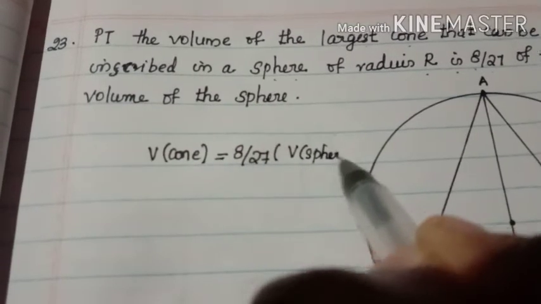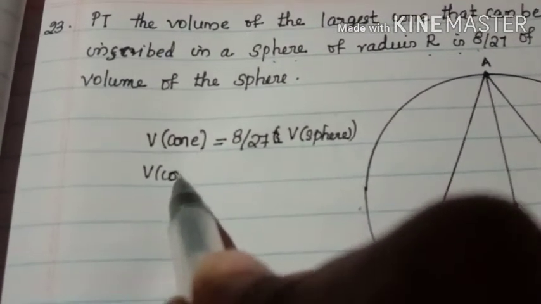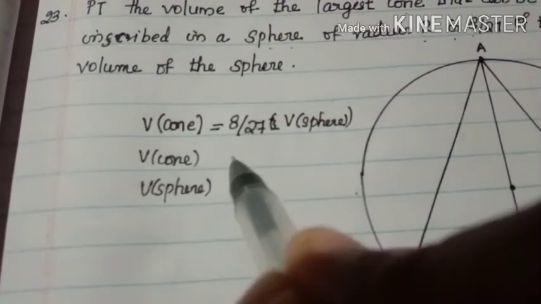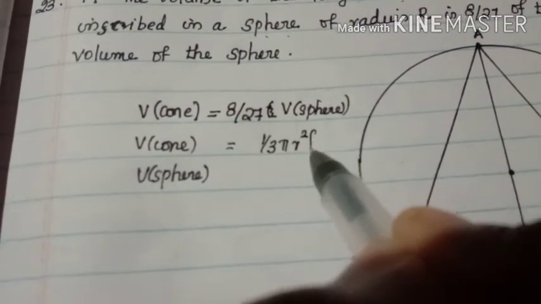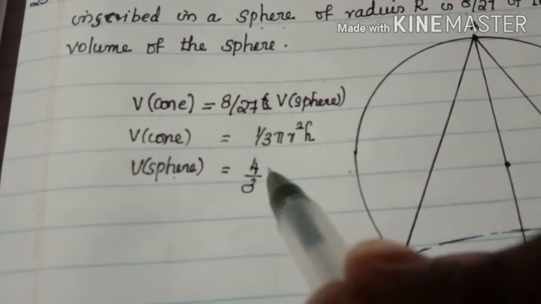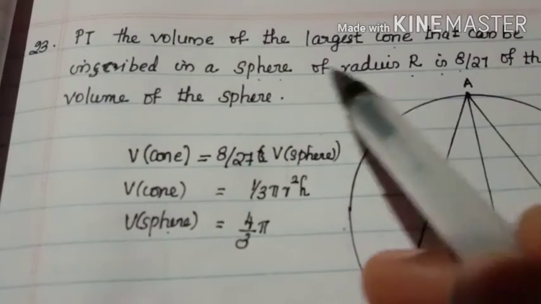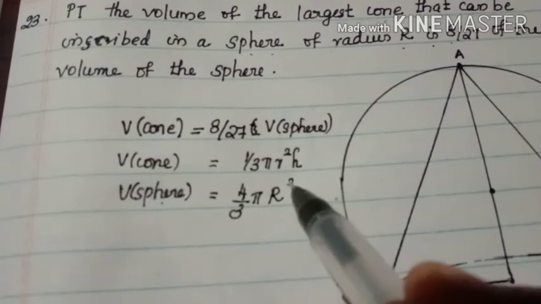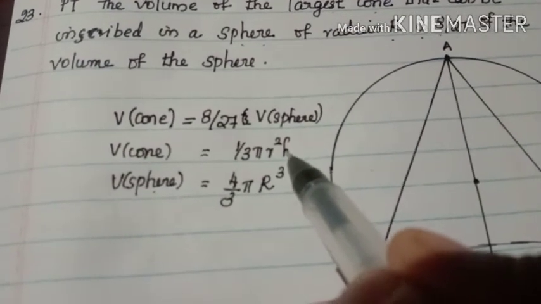And recall the volume of cone as well as volume of sphere that we learned. Volume of cone is 1 by 3 pi r square h and volume of sphere is 4 by 3 pi r cube. Listen, here the radius of the sphere is given, say constant capital R. And here r is the radius of the cone, h is the height of the cone.